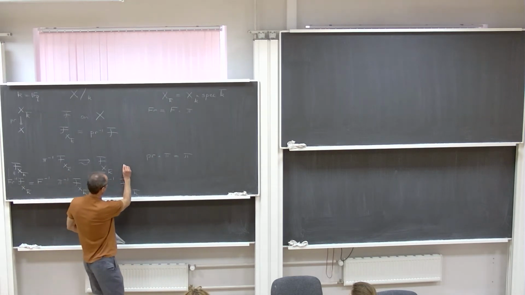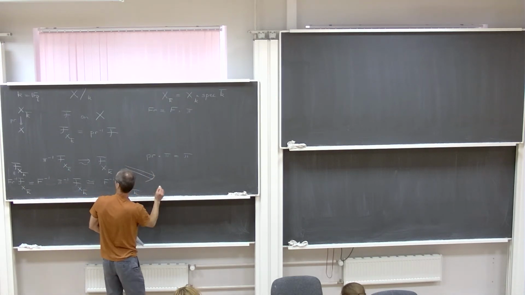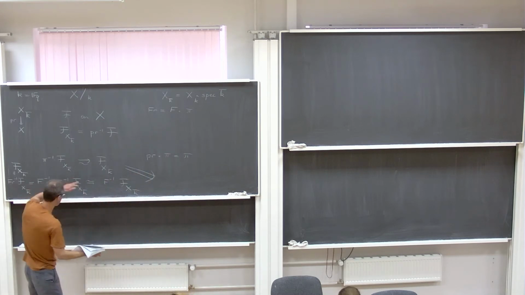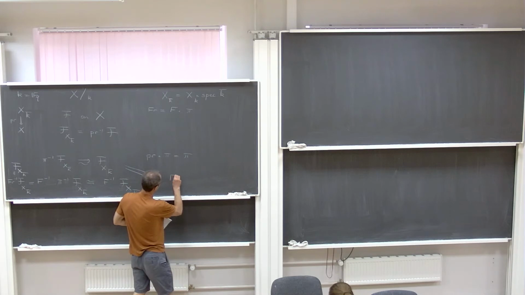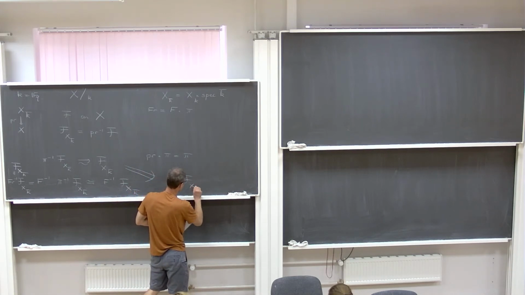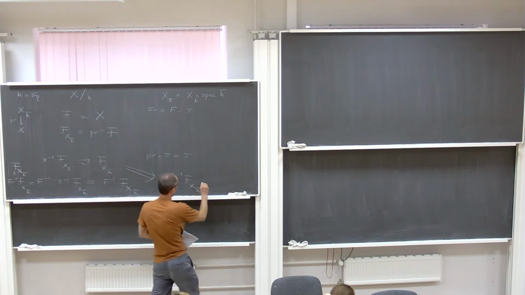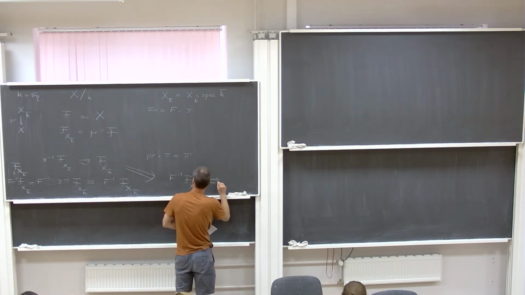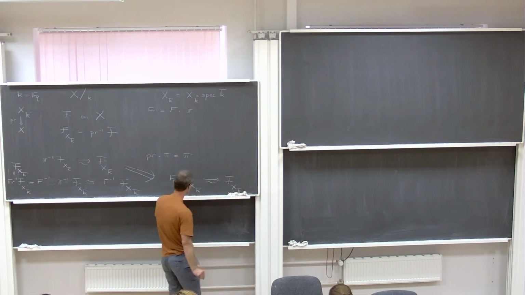So this gives me a map. Well, this is an isomorphism, so I want to invert it and look at this map, which is inverse to the one that we constructed, and f_X k bar. Okay?